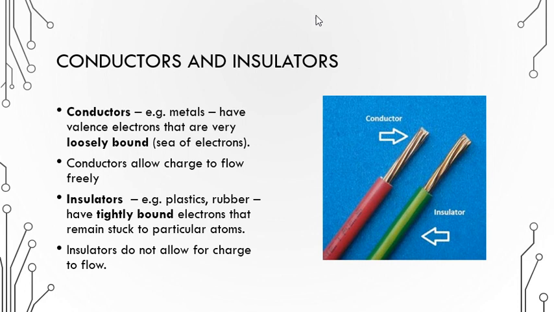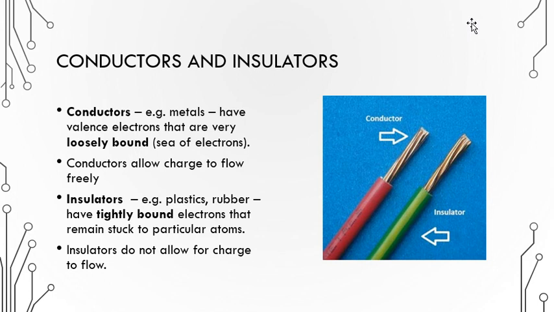So what happens is, conductors, because they have those free electrons, have the ability to allow those electrons to flow. Now, if we apply some energy to the electrons and start pushing them along, well, negative charges are attracted to a positive charge, right?